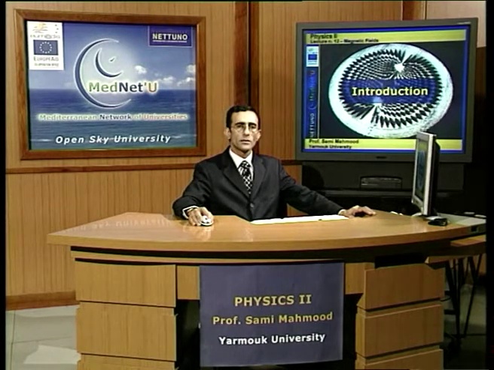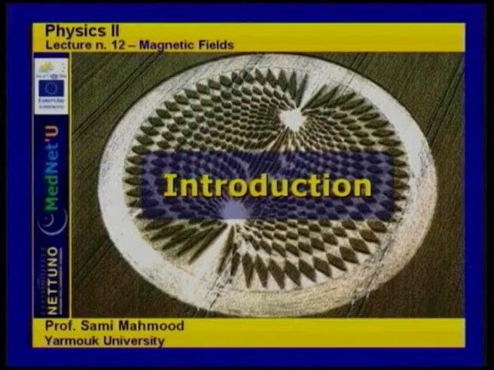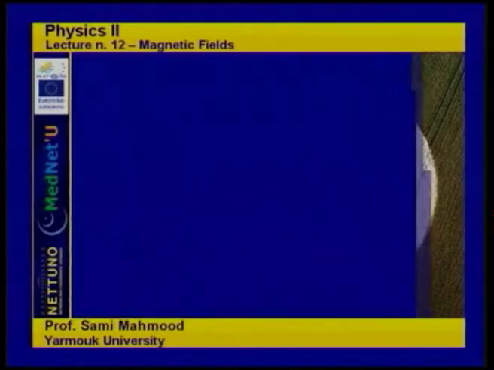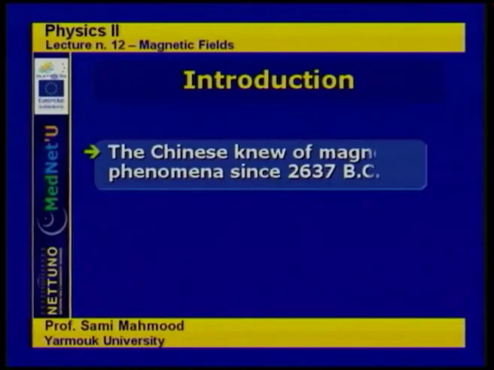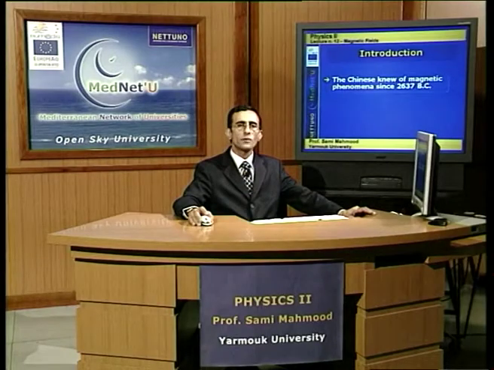And at the outset of this lecture, we would like to mention some historical facts, and we start by saying that the Chinese have known the magnetic phenomena and magnetic effects a long time ago, and that's around probably 2637 BC.